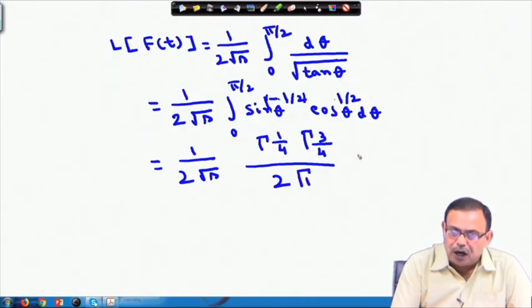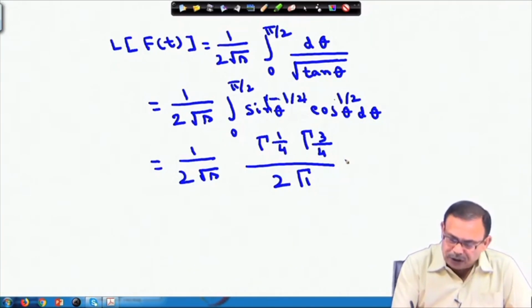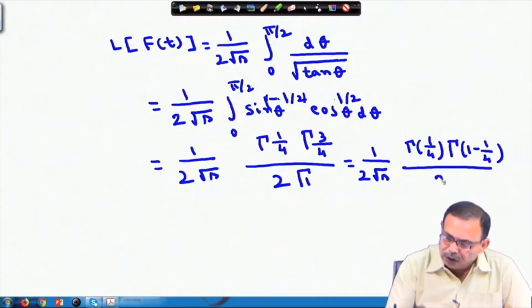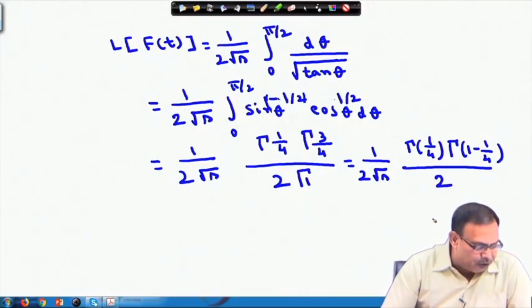I am not telling how I am getting the required result, but you can see it, that is the reason I told you to brush up the integral processes, how to solve the integrals. So, this equals 1 by 2 root s into gamma of 1 by 4, gamma 3 by 4, which I can write as gamma of 1 minus 1 by 4, and gamma 1 will not be there, so only 2 will be there.